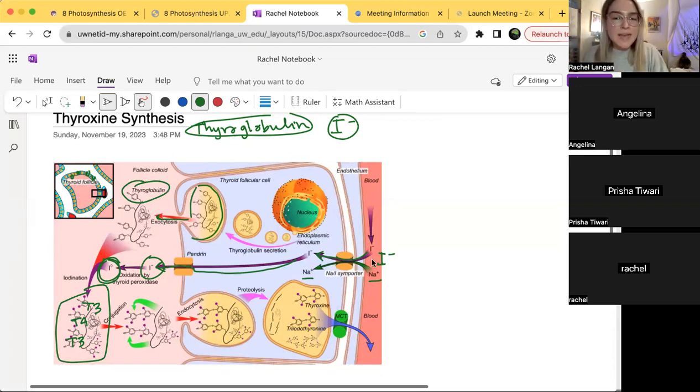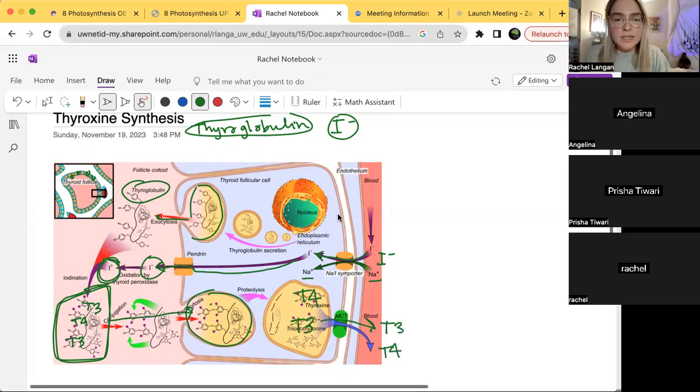So when the thyroid gets activated, then we're going to try to move this big molecule with all these pieces of T3 and T4 back into the follicle cell. Once it's in a vesicle in the follicle cell, we'll break up that big molecule into individual pieces of T4 and T3, and then it will be secreted into the blood. And it'll go on and signal.